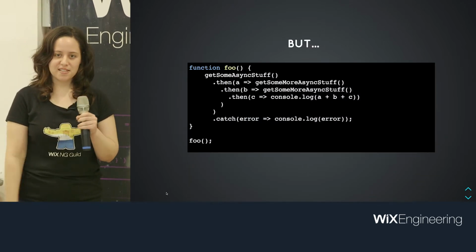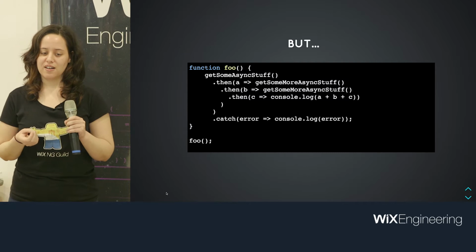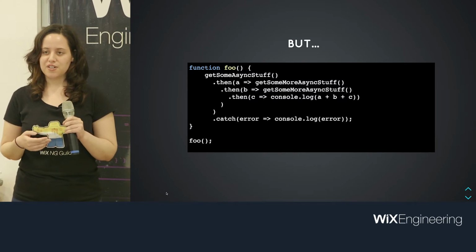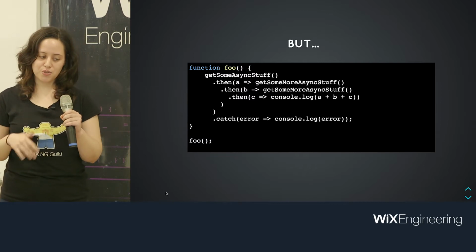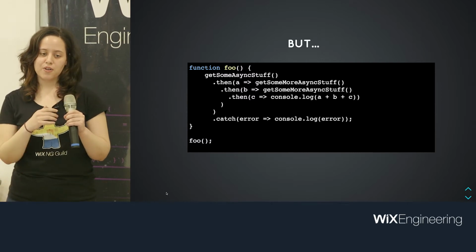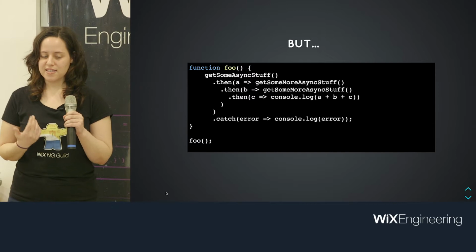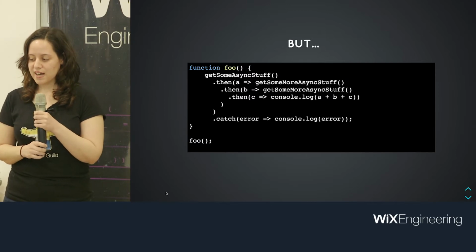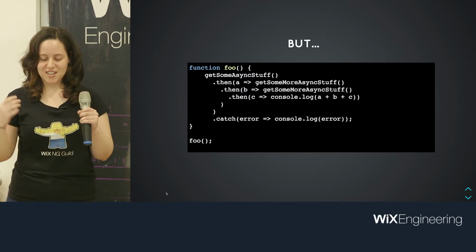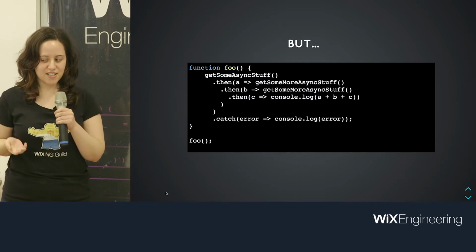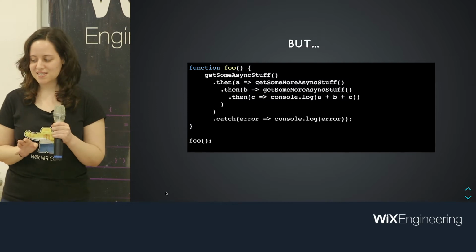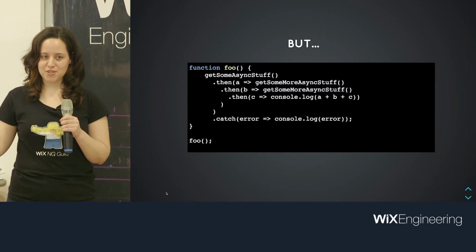But what happens if we need to save a reference from one async function just to do a final calculation with another async function? We have to start indenting them one inside of the other. So again, we have indentation again. That's not fun. We need a better solution.